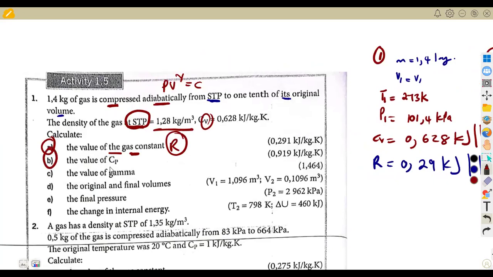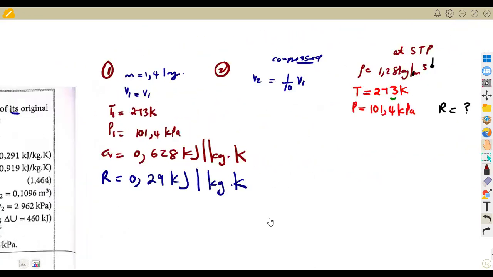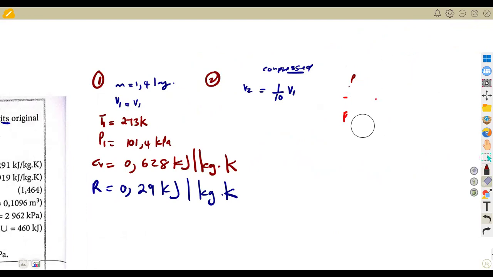Let's move on to B, the value of CP. So where do we obtain the value of CP? Remember, we talked about the relationship between R, CV and CP. So we can actually use that. R is equal to the difference CP minus CV.